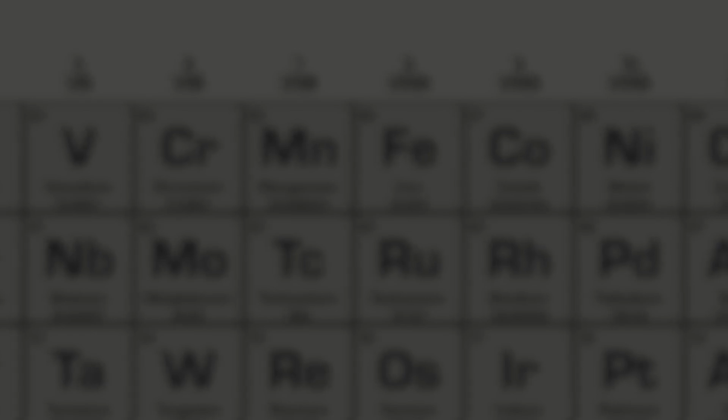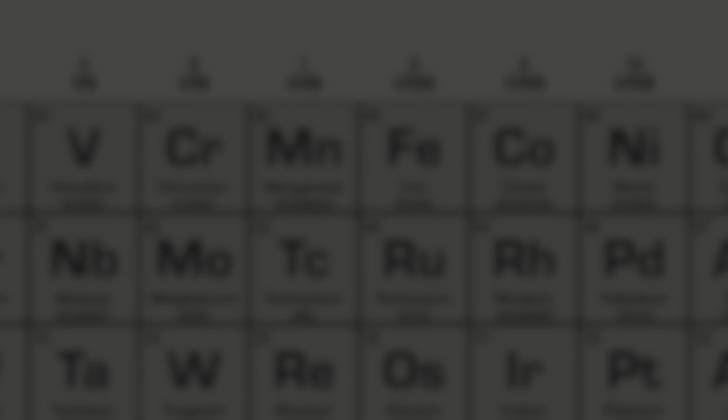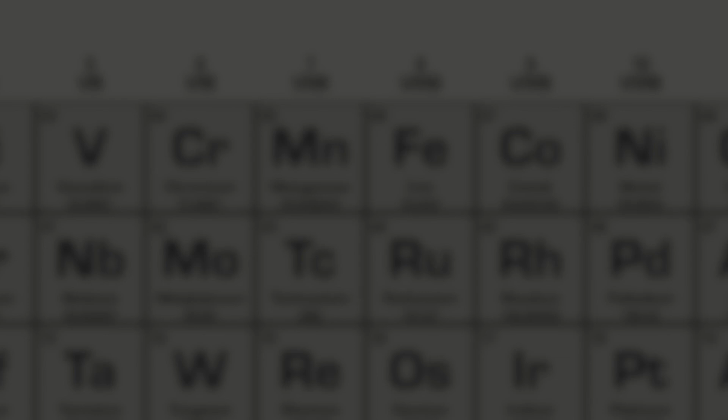The placement of these elements in a separate section below the main table is a matter of convenience rather than strict periodic logic, but it has become standard in chemistry education and literature.